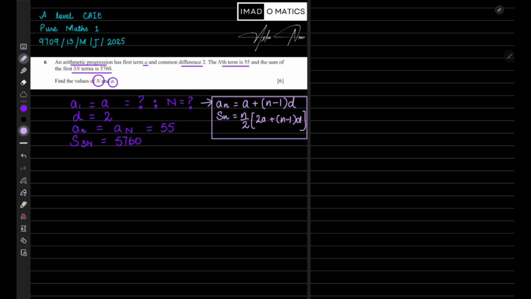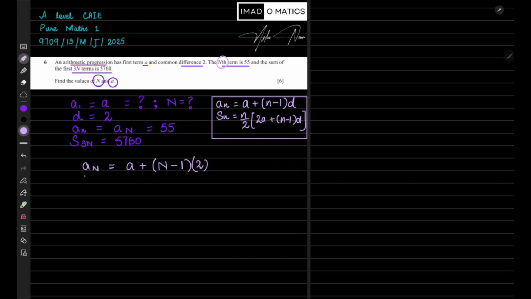First, we will be substituting our given data in the first formula of arithmetic progression. An, because here they took n to be capital N, so an equals a plus n minus 1 times d, that is 2. And what is an?